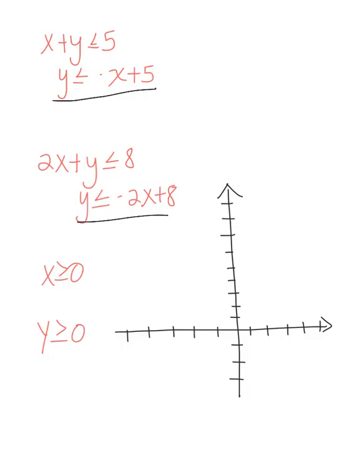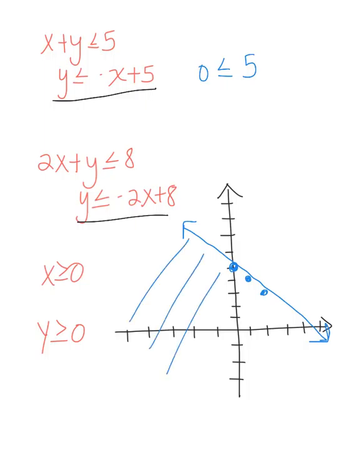So 5 is our y-intercept. Slope being negative 1, we're going to count down 1 and to the right 1. I'm going to connect those with a solid line, and I'm going to check the point 0, 0. Is 0 less than or equal to 5? It is, so that becomes the shaded region for the first one.